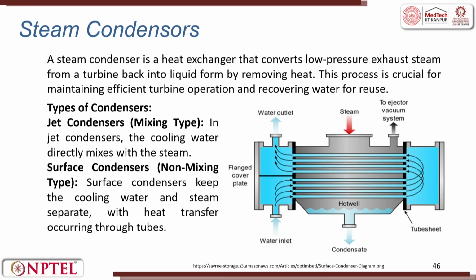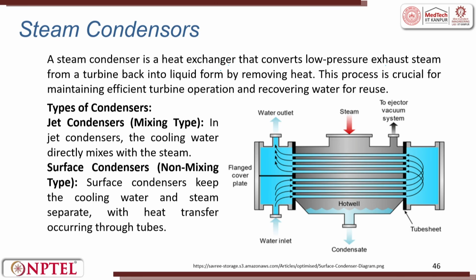Steam condenser. A steam condenser is a heat exchanger that converts low pressure exhaust steam from a turbine back into liquid form by removing heat. There is a phase change happening.